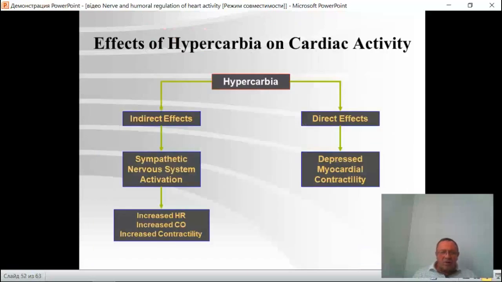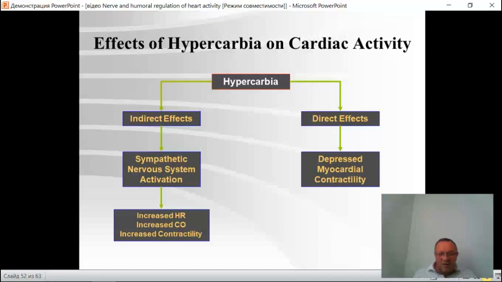The next table shows the effect of hypocarbia on cardiac activity. Hypocarbia, a condition with a changed concentration of carbon dioxide, has indirect and direct effects on heart activity. Indirect effects: sympathetic nervous system activation will result in increased heart rate, increased cardiac output, and increased contractility.